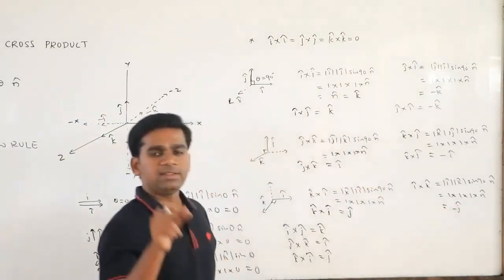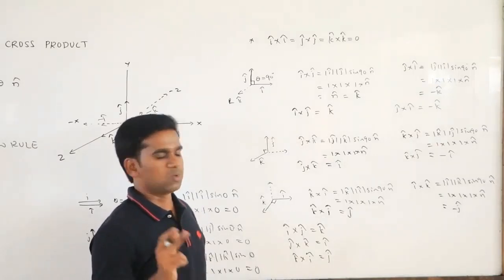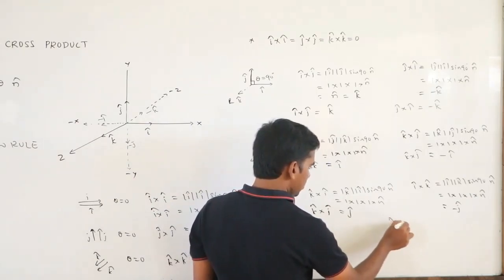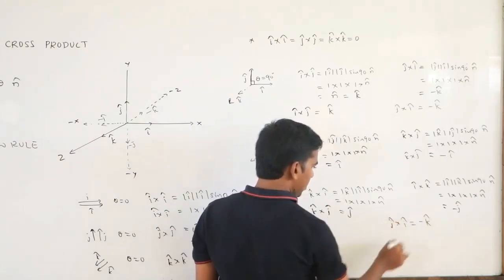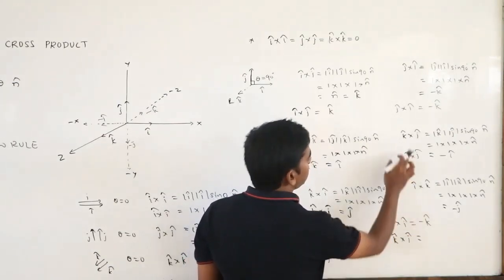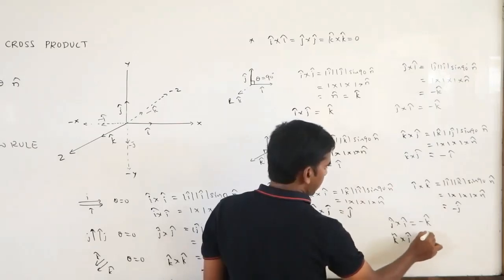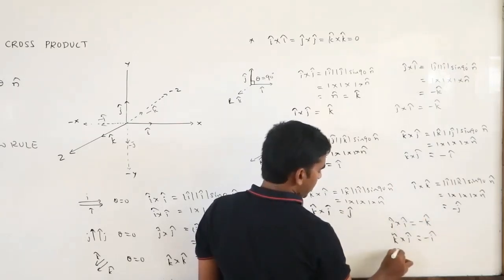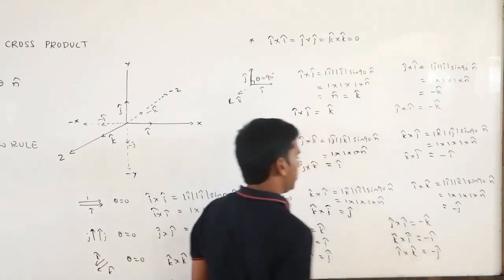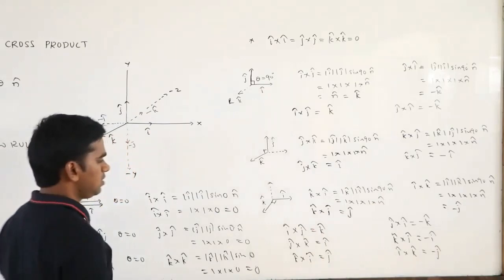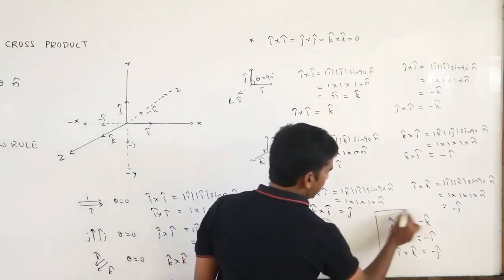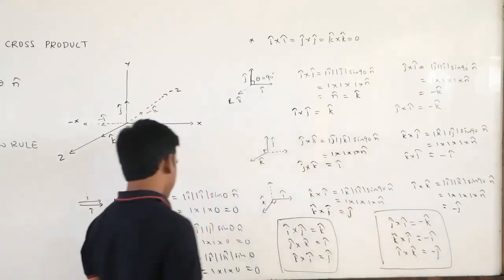Okay, so again, three more very very important results we got. What are those? j cap cross i cap equals minus k cap. Similarly, k cap cross j cap equals minus i cap. So similarly, i cap cross k cap equals minus j cap. Okay, so these six sets of equations are very very important, remember.